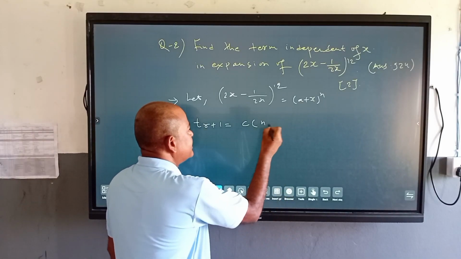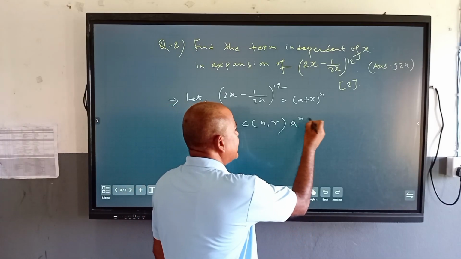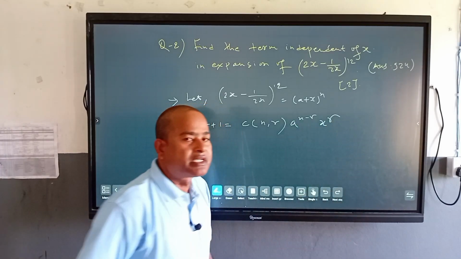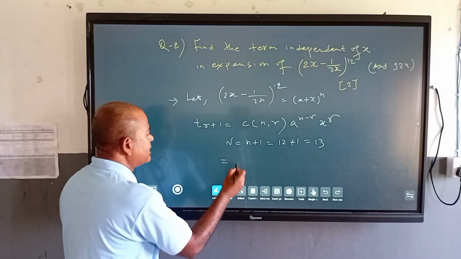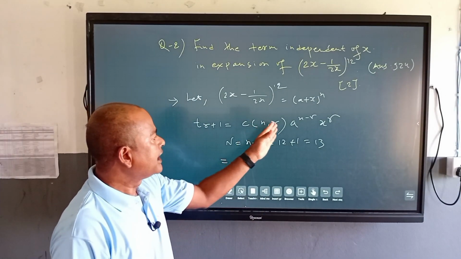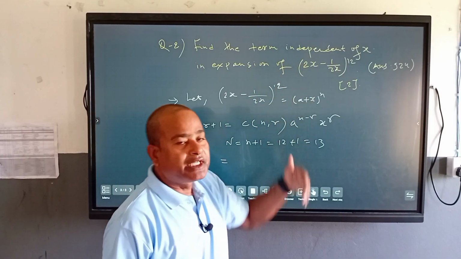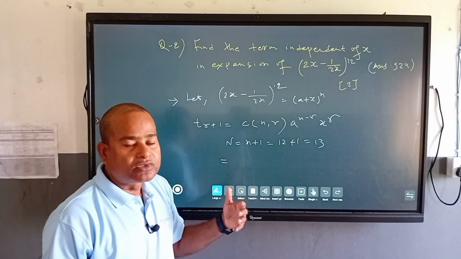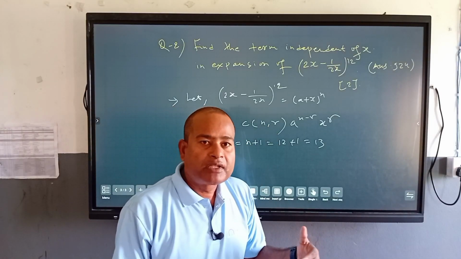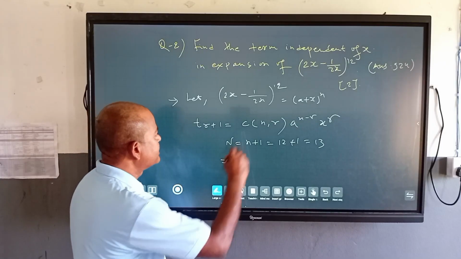T(r+1) is given by the formula C(n, r) a^(n−r) x^r. So dear students, let's put the value of n and r. While finding the term independent of x, the value of r is unknown, so we have to find out the value of r by using the formula of T(r+1), that means the general term.